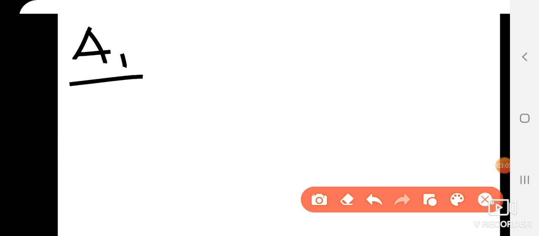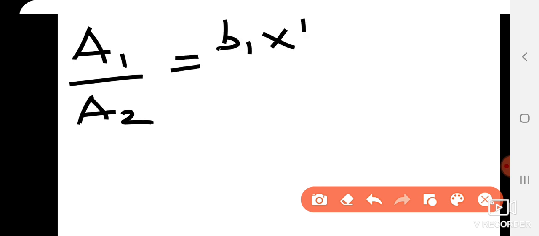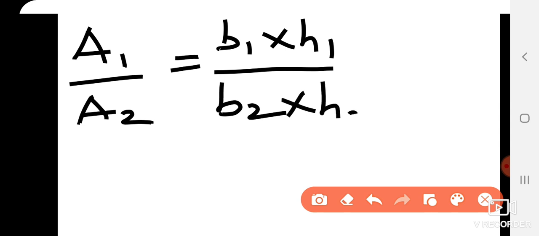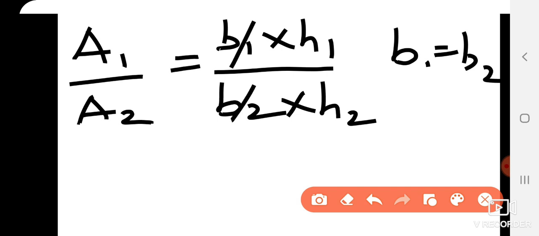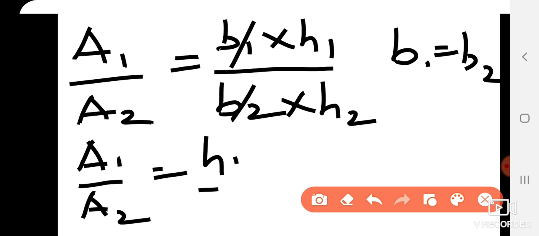Now let's see what happens if they have a common base. So we take A1 upon A2 is equal to B1 into H1 upon B2 into H2. Now we see that B1 is equal to B2. This B1 and B2 will cancel. We have the ratio of areas of these two triangles: A1 upon A2 will be equal to H1 upon H2.